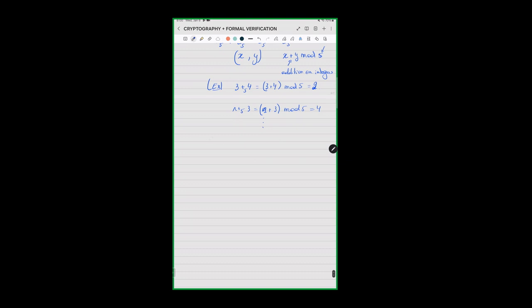So we can say that if we take any natural number n greater or equal to 2, the set 0 until n with the addition modulo n and the element 0 is also a group.